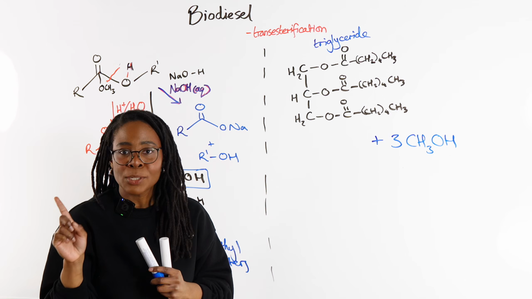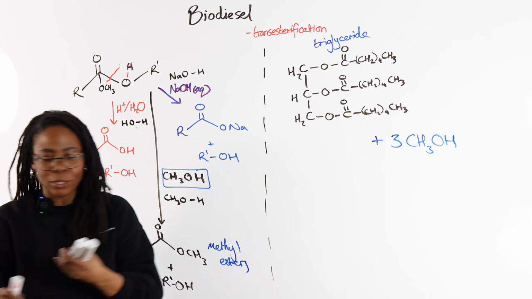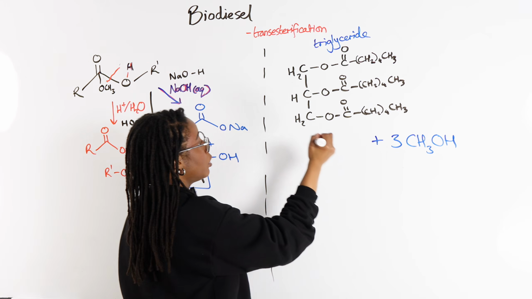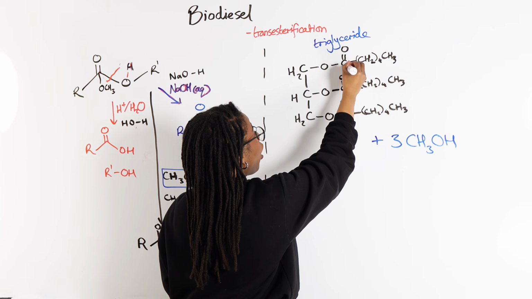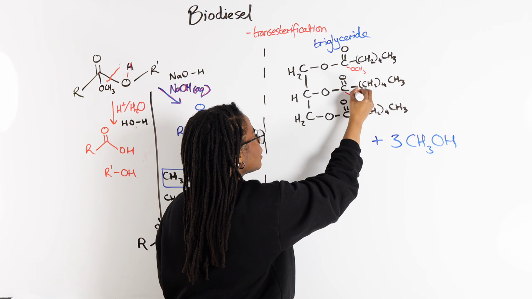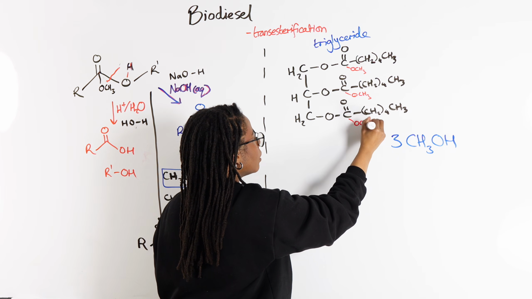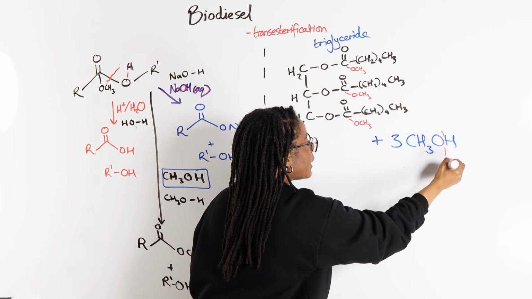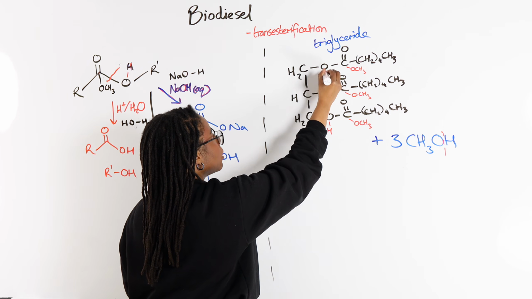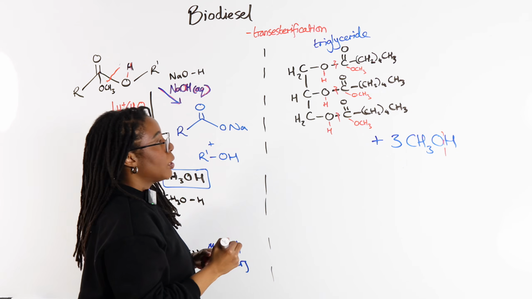And then just as we did before, we are going to give the OCH3 to this C with the double bond O, the acyl part. And we're going to give the H back to the alcohol part, because again, we have broken the ester bond.